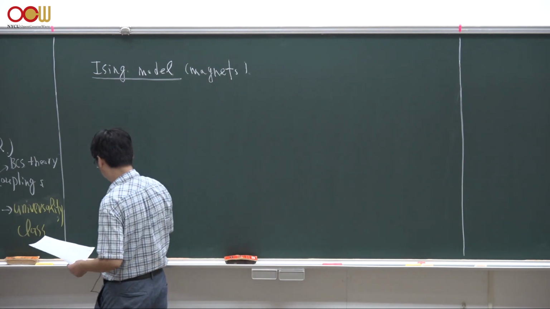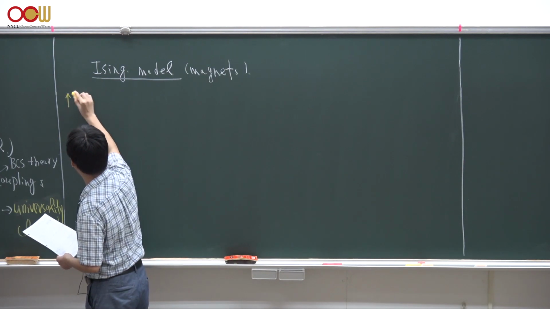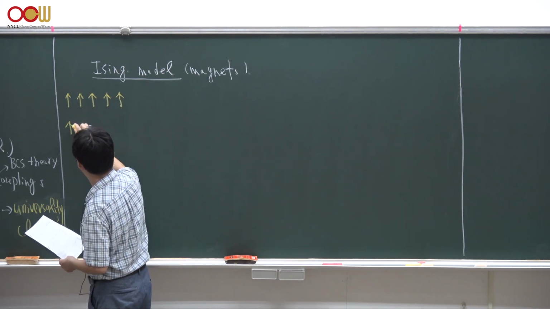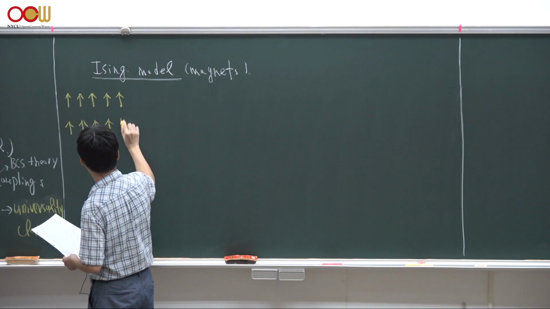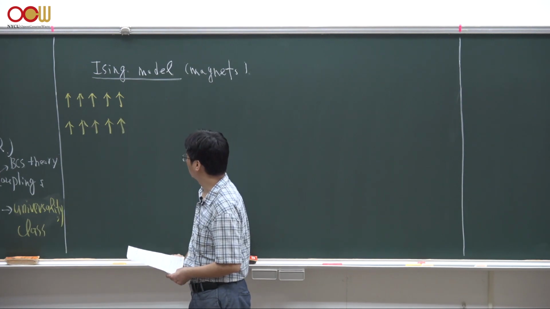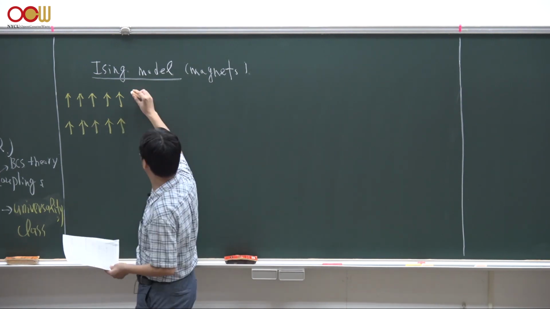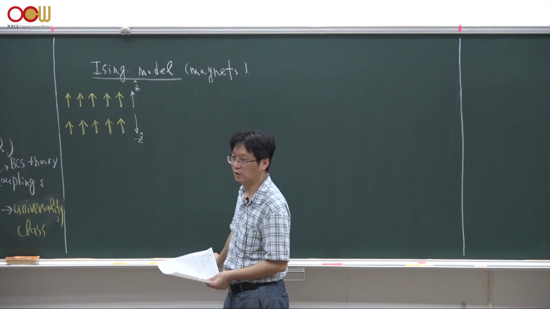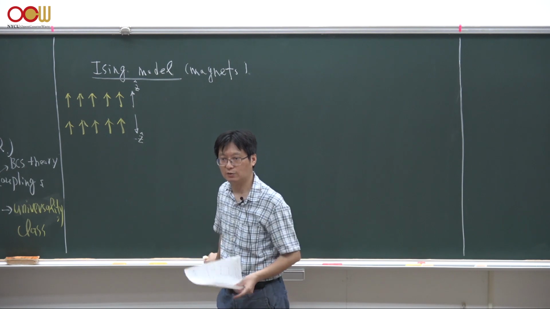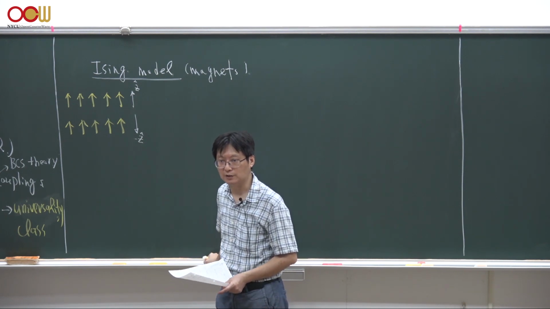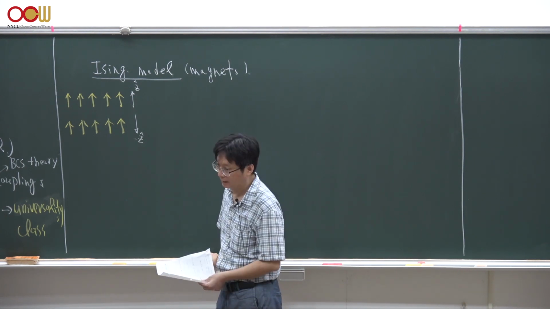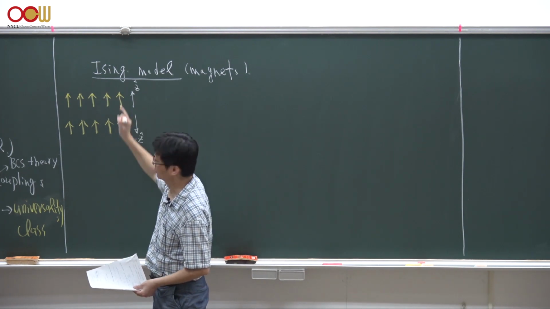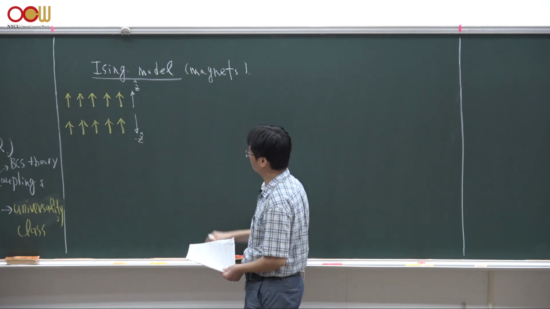So as I mentioned last time, suppose we try to describe a bunch of spins or magnetic moments in magnetic materials, and we can simplify the system by allowing the spins to point to either the plus or minus z direction and not along the other directions, although the spins could actually point in any direction in three-dimensional space. But suppose that there is a class of magnetic materials where the spins can only point plus or minus z, then they are called Ising models.